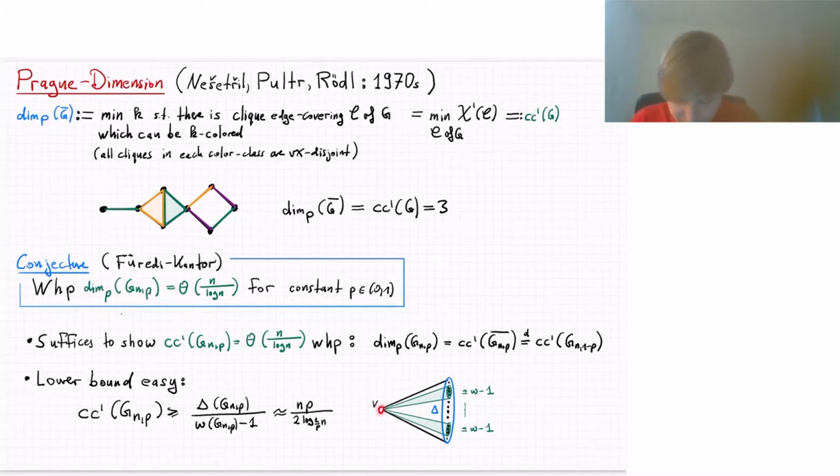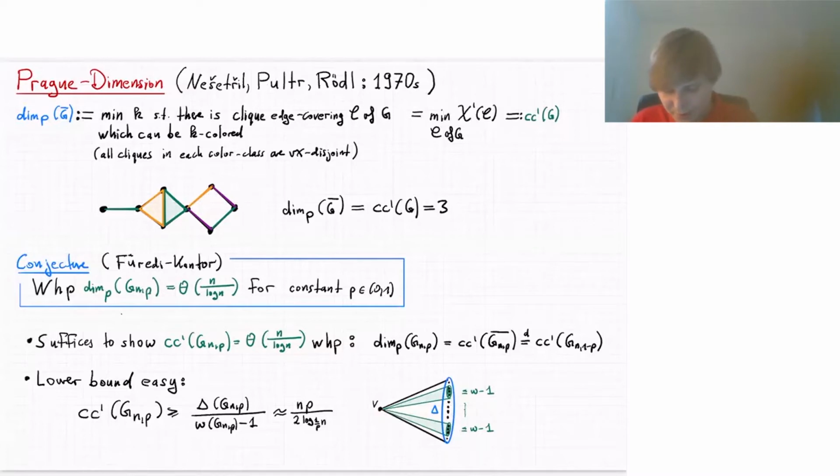The idea here is that let's just look at some vertex v, which say is of maximum degree of your graph. In other words, it has delta many neighbors. And suppose that now our graph has maximum cliques of size omega. Okay, so what that means is that no matter which clique covering you look at, any possible clique that you select into your clique covering can cover at most omega minus 1 vertices in the neighborhood of v, right?